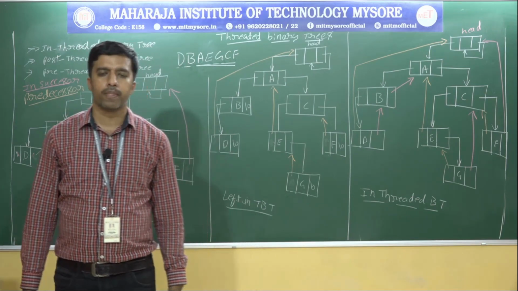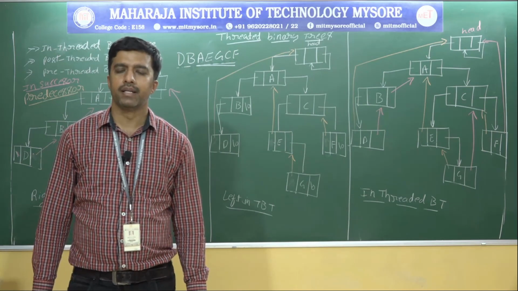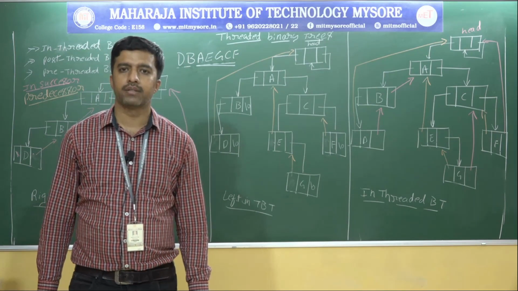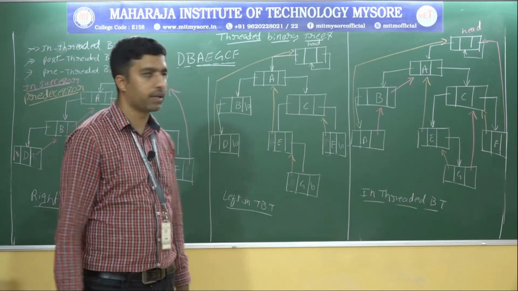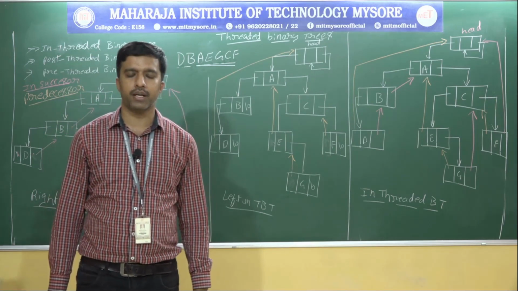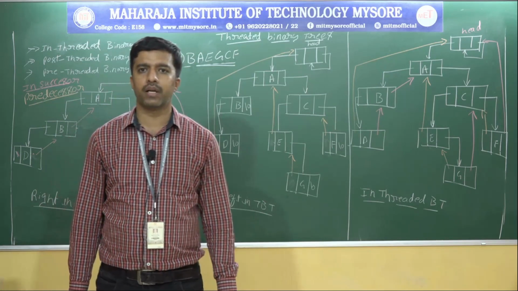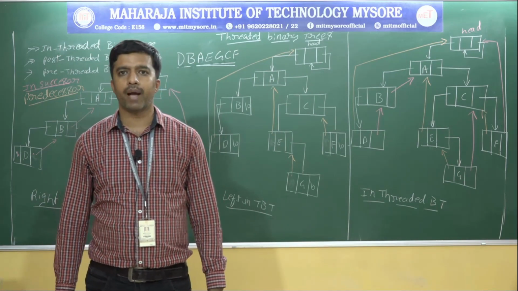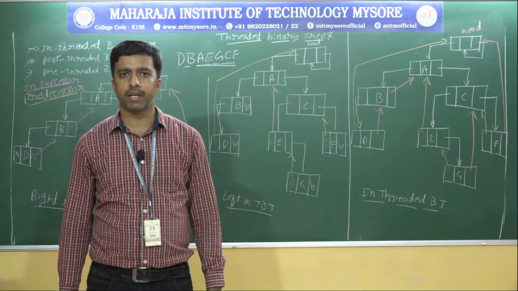So far in today's class, we discussed the binary search tree and the threaded binary tree. The next class will be the last class for trees, where you are going to count how many nodes are there in the tree, the maximum value in the tree and the minimum value in the binary search tree.